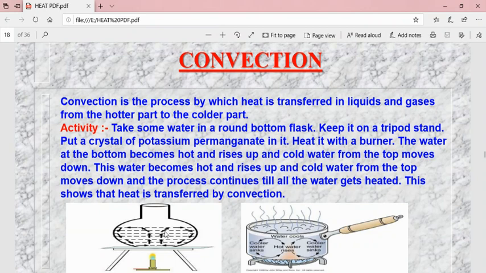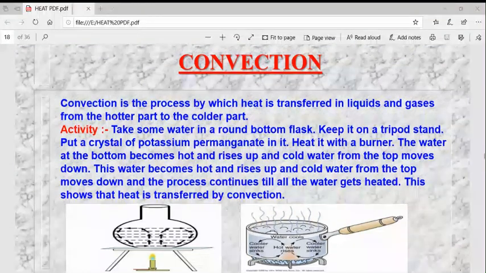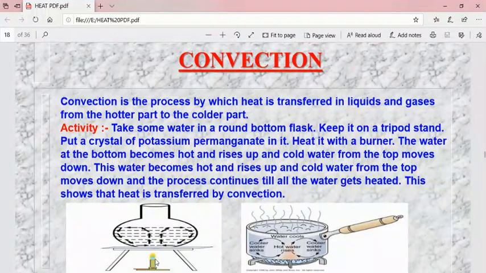And then I'll start the burner, and when I start this burner, heat will pass so that it reaches the bottom of this flask, so that the heat will be transferred to this water.